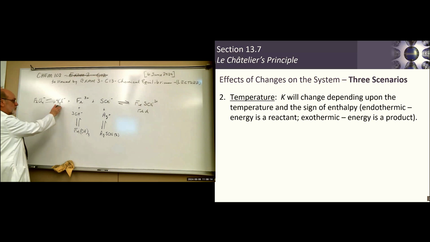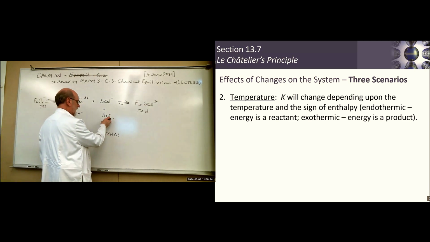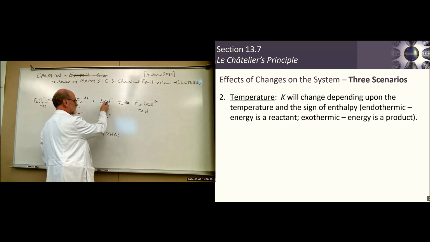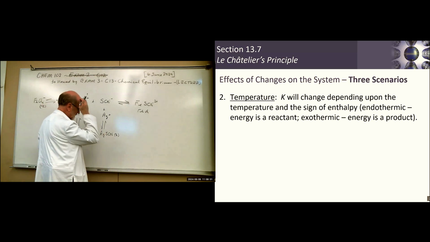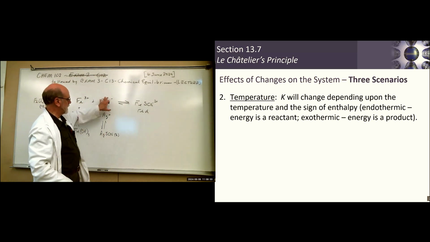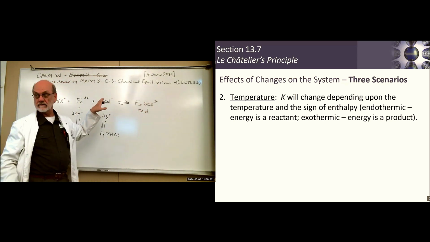Or you can do the same thing with chloride ion, and form this complex ion over here. You're removing iron. Or you can add silver, which forms a precipitate with the thiocyanate. And that effectively removes thiocyanate, and the reaction shifts to the left again.